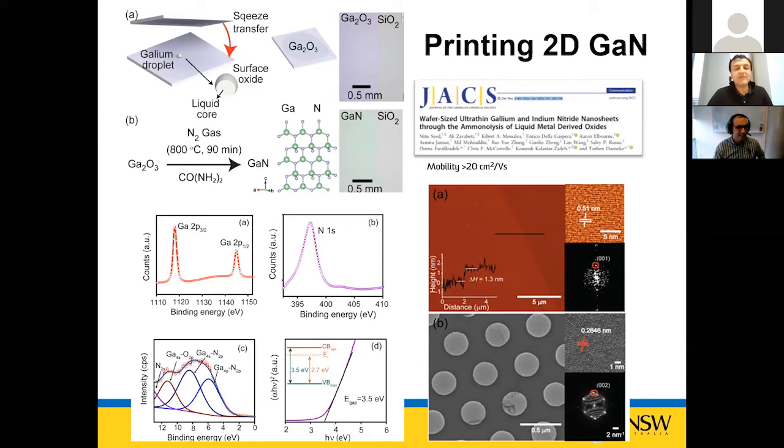We made the gallium oxide on the surface, harvested it, and then we used a precursor of nitrogen at 800 degrees for 90 minutes. We transform it to gallium nitride. Wide band gap 3.5 electron volts, and mobility was actually very high, 20 cm squared per volt second. Actually, it's a good quality material to make the blue LEDs from it.